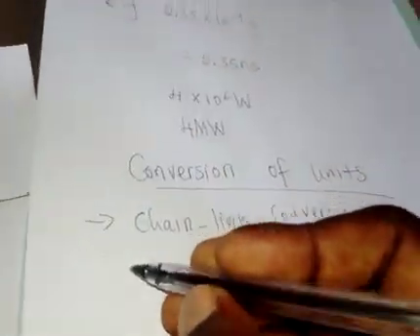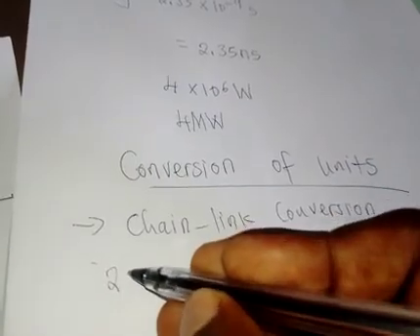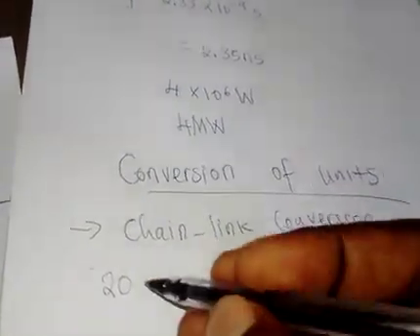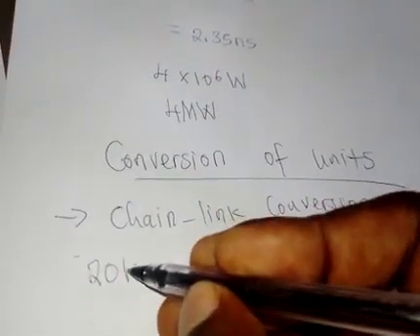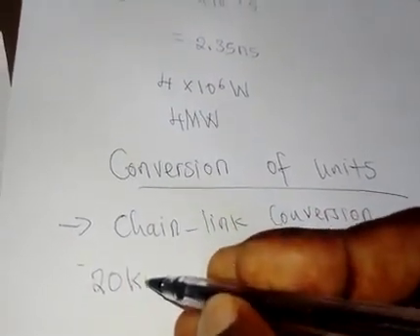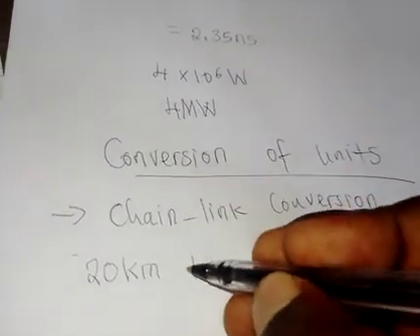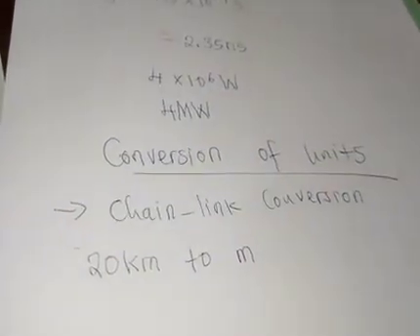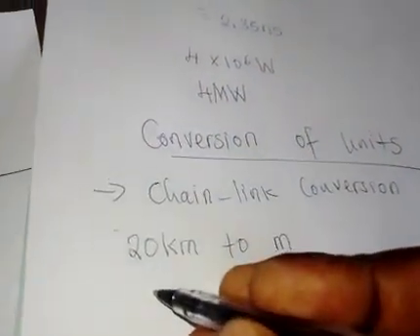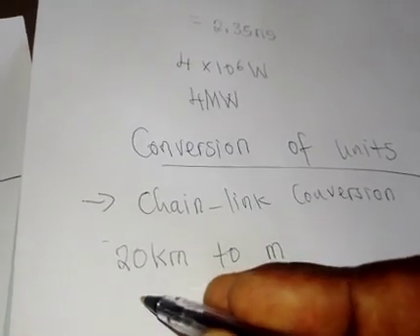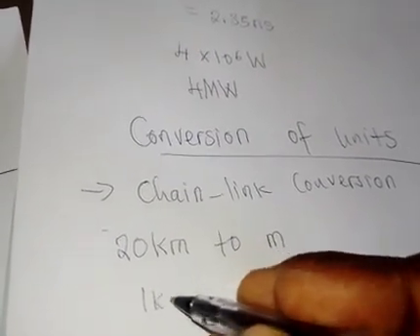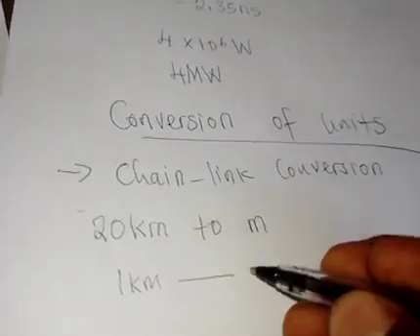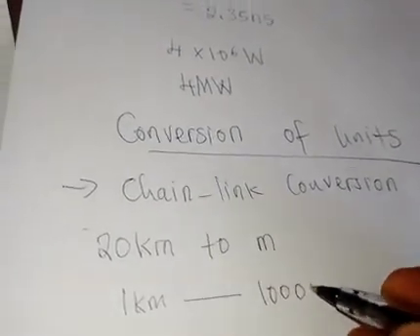Let's say we want to convert 20 kilometers to meters. Of course, under general conversions, you would simply say, we know that 1 kilometer is equal to what? 1,000 meters, like that.